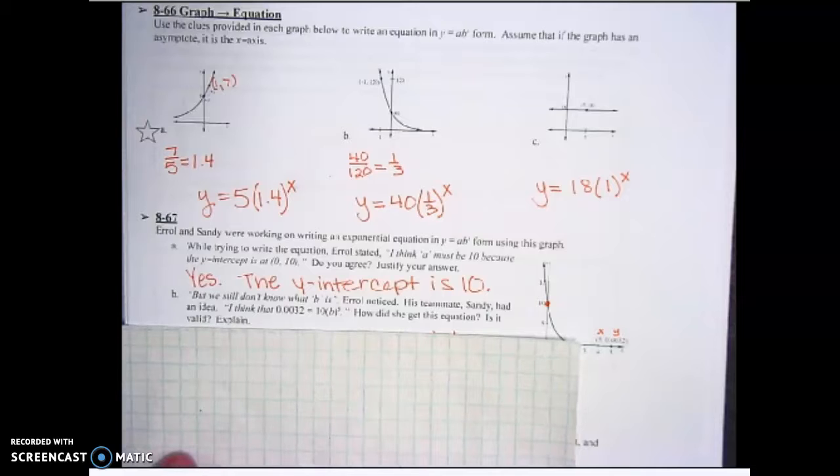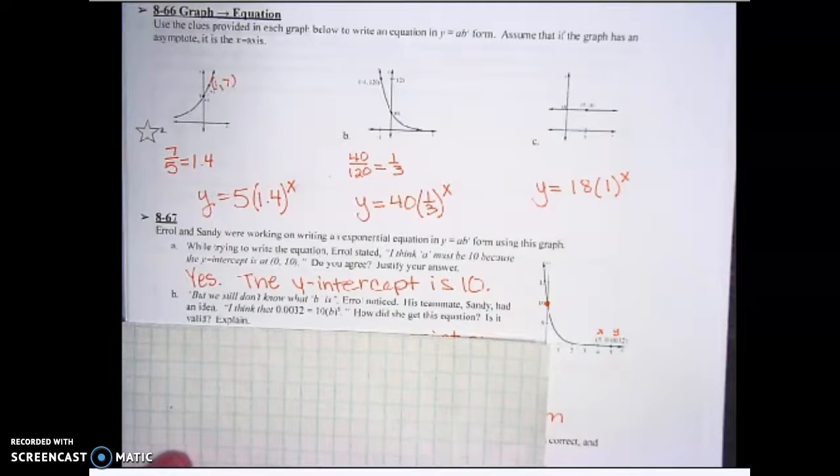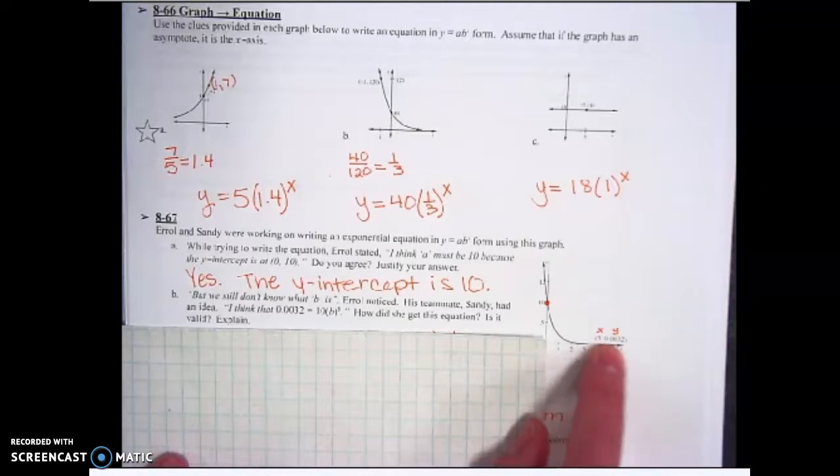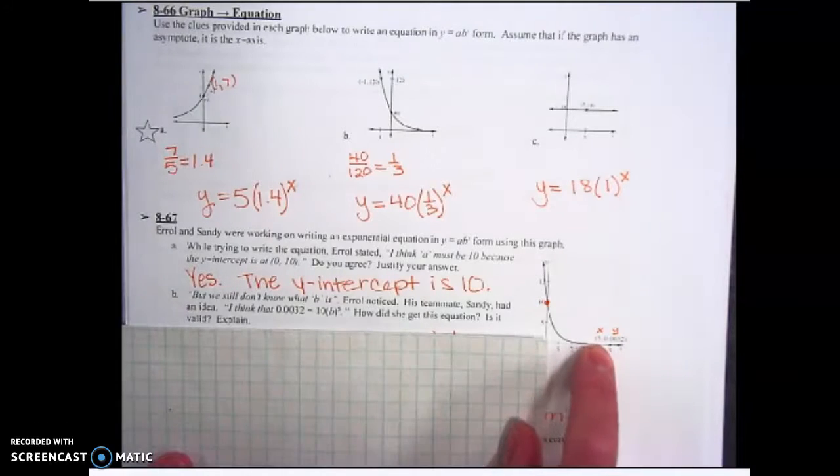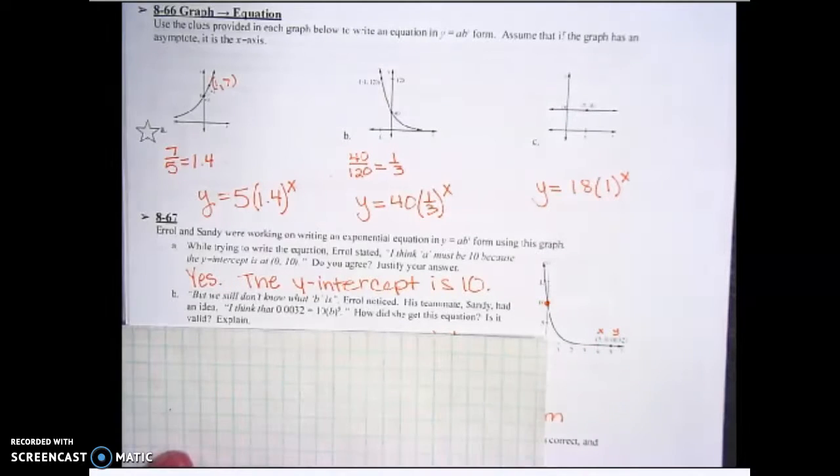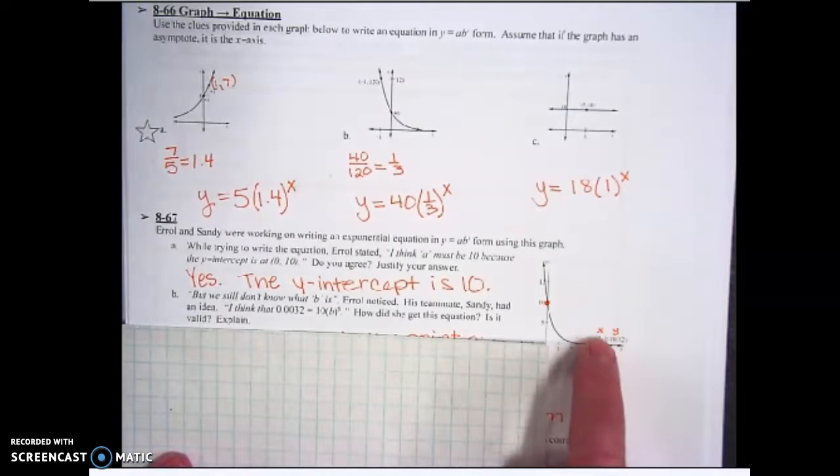Is this valid? Okay, so there's one other thing on this graph over here. You see it? It's hard to see, but it says there's a point at (5, 0.0032). This is a point in the form x, some number, y, some number.